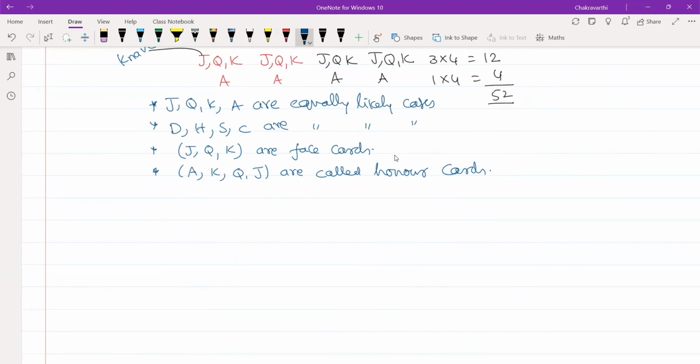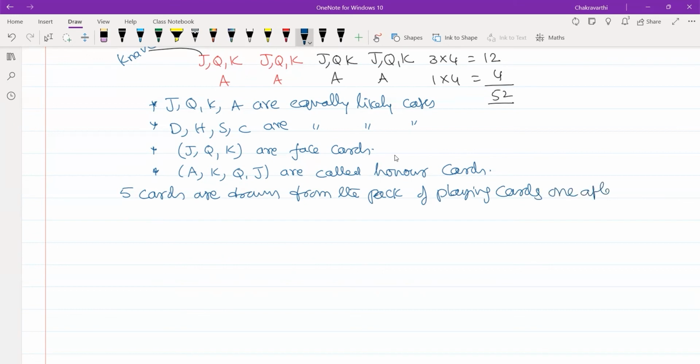Another example here. Five cards are drawn from the pack of playing cards one after the other, without replacement.